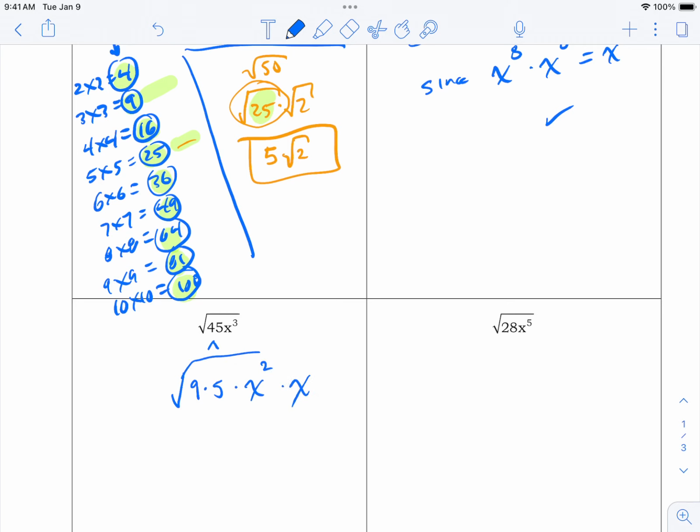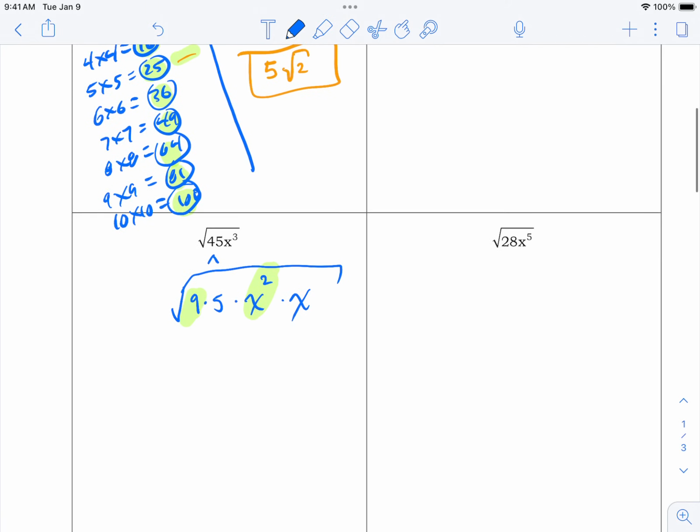So you split that x cubed up as an x squared times an x. That exponent is something you can cut in half, which means the square root of x squared is something you can find. And 9 is something you can square root. So you take the square root of 9 and you get a 3. That comes outside. You take the square root of x squared and you get an x. That comes outside.